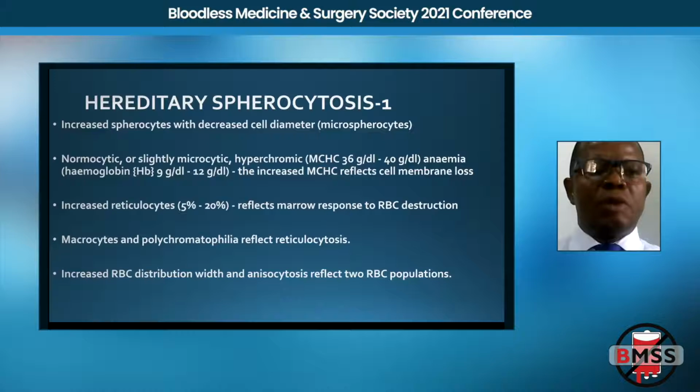So in the inherited form, though you may not come across so many, one of the regular features you're going to see is increased reticulocyte count, up to 20% in some patients. Once we see this, looking at the peripheral cells will help us to identify them.